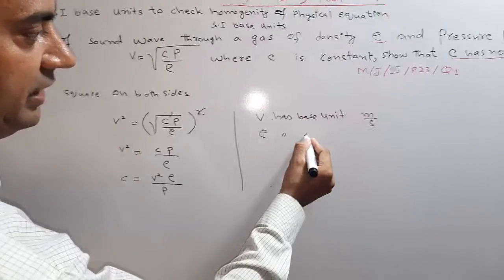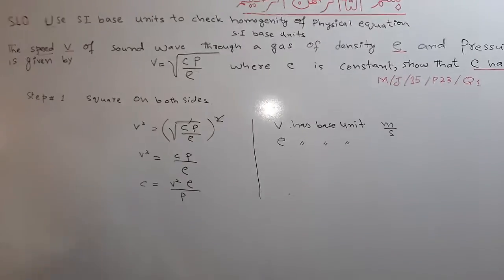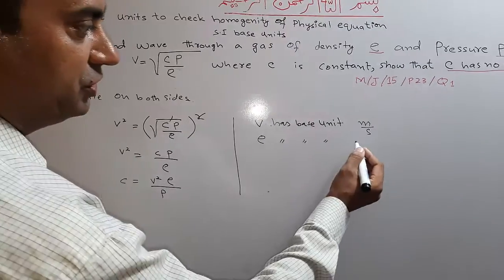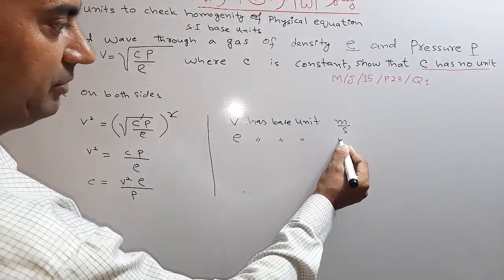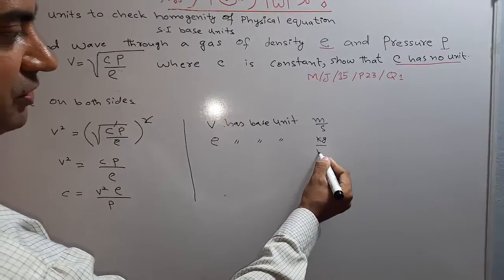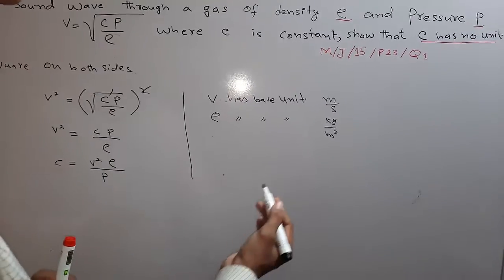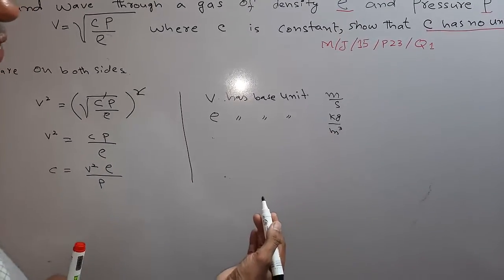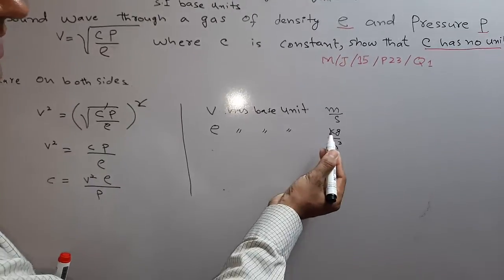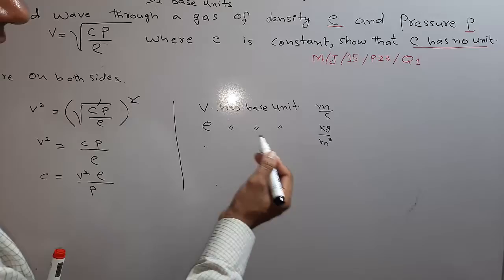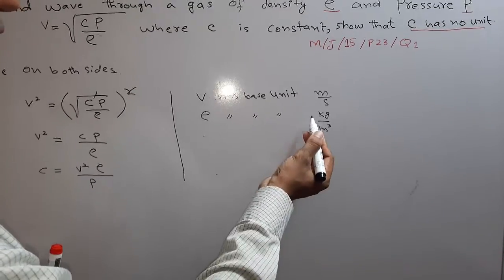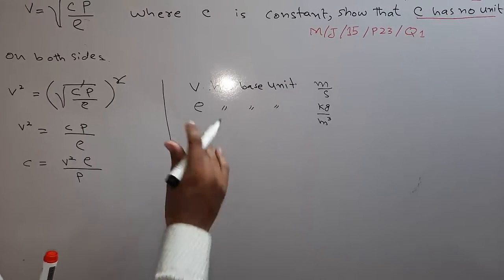Now we are going to determine the SI base unit for rho. We all know that rho, meaning density, is mass per unit volume. Mass is measured in kilogram, the SI base unit, and volume is measured in meter cube. So its SI base unit will be kilogram per meter cube. No need to convert it, it is already an SI base unit.